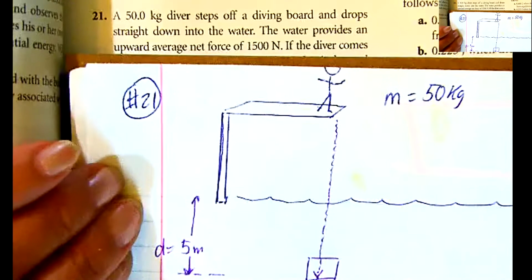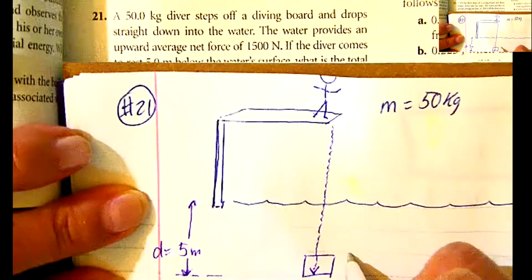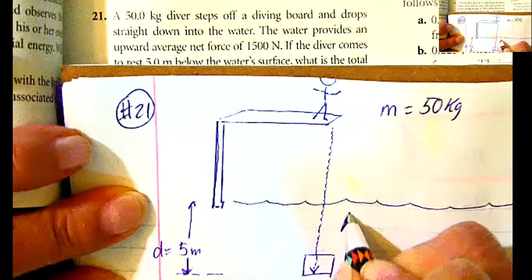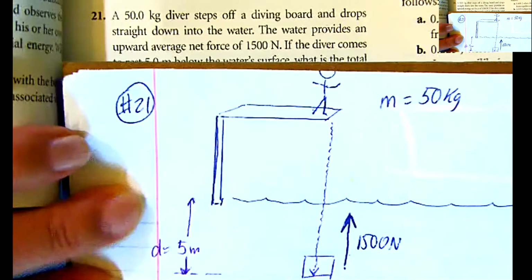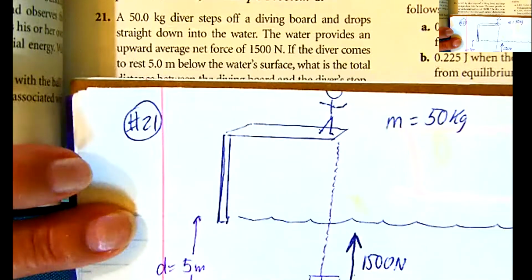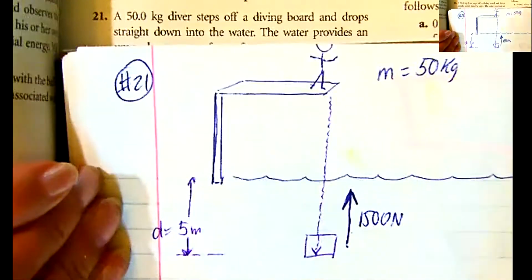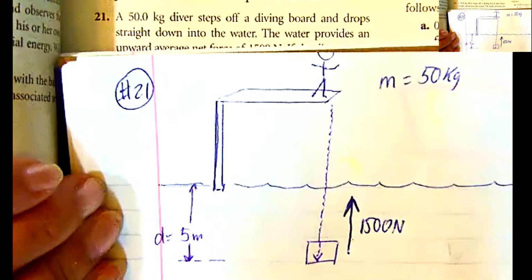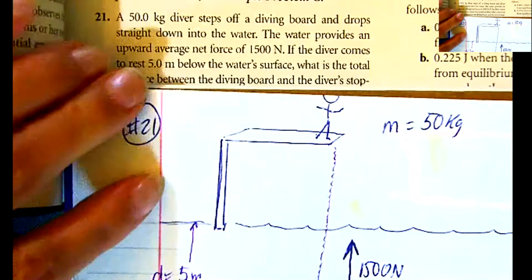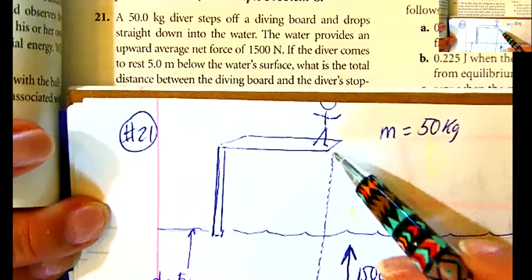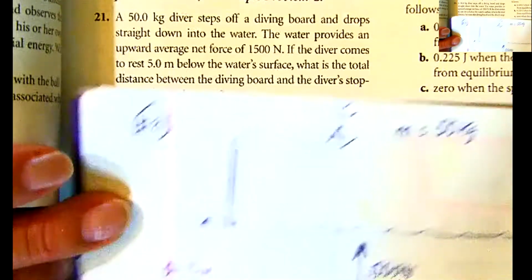The water provides an upward force, net force of 1,500 newtons, so I showed that it responds by pushing up 1,500 newtons. If the diver comes to rest 5 meters below, this is where he ends up down here, 5 meters below the surface of the water. And they want to know, what is the total distance between the diving board and where the diver stopped?